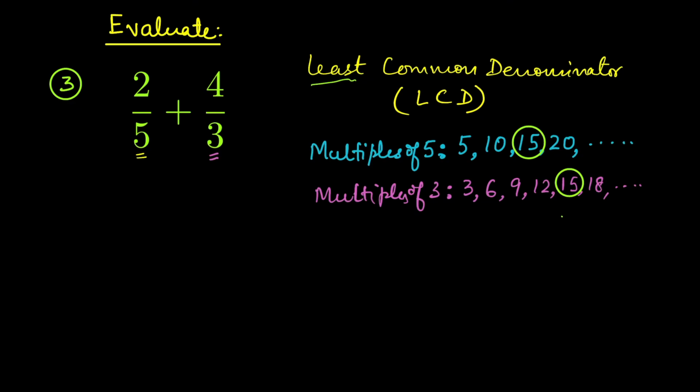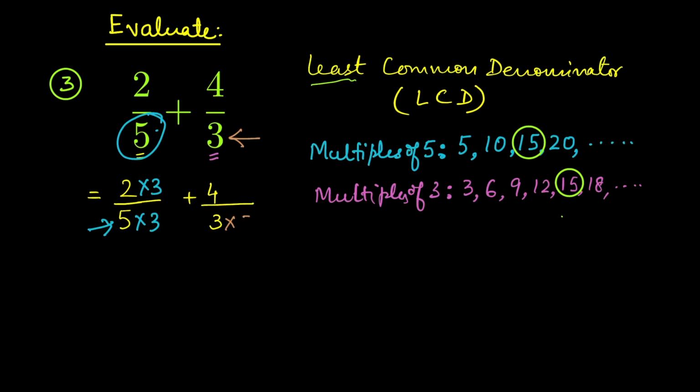Now we will make both denominators 15. First I'm writing 2 over 5 plus 4 over 3. To make this 15, we multiply by 3. To make the other one 15, we multiply by 5.